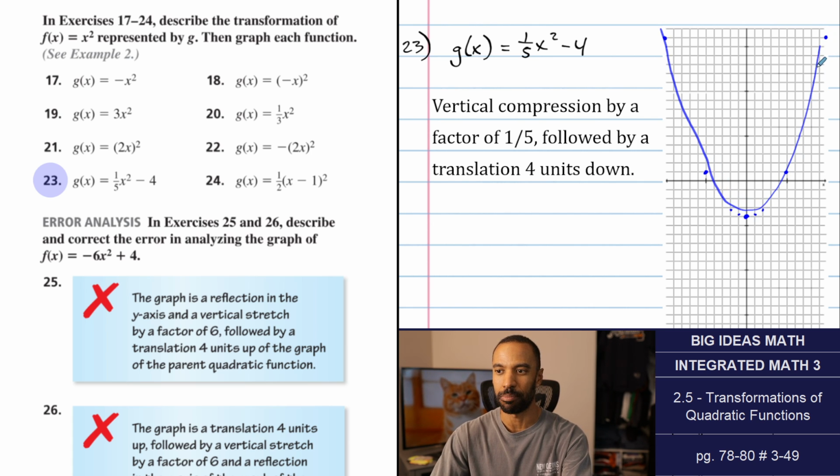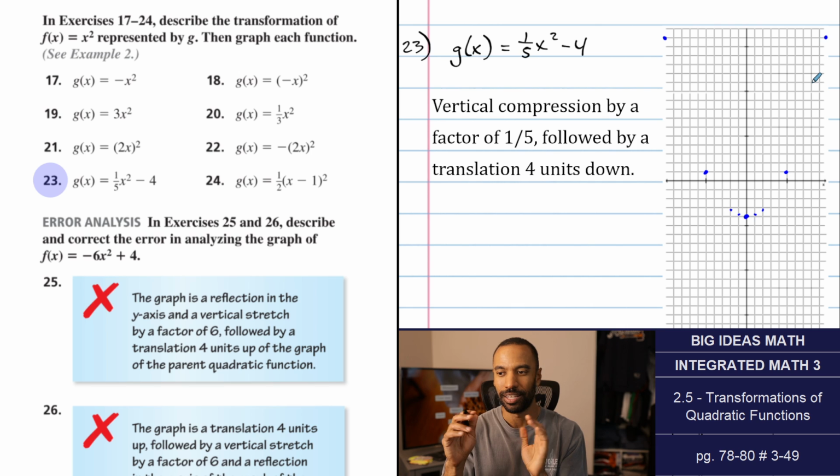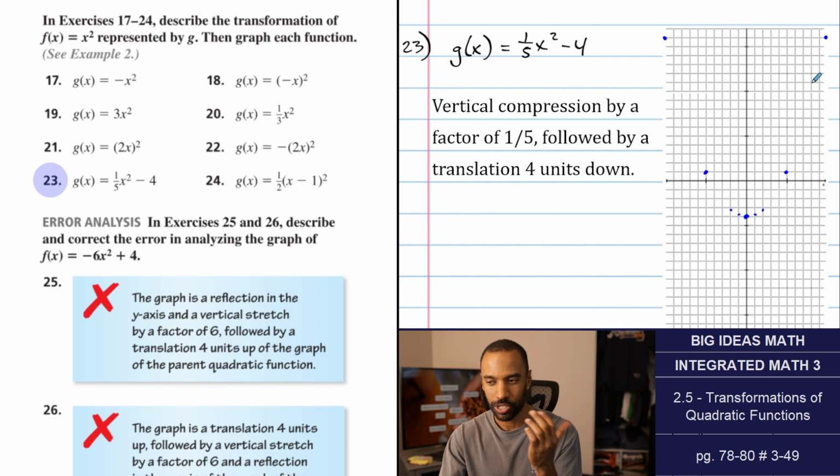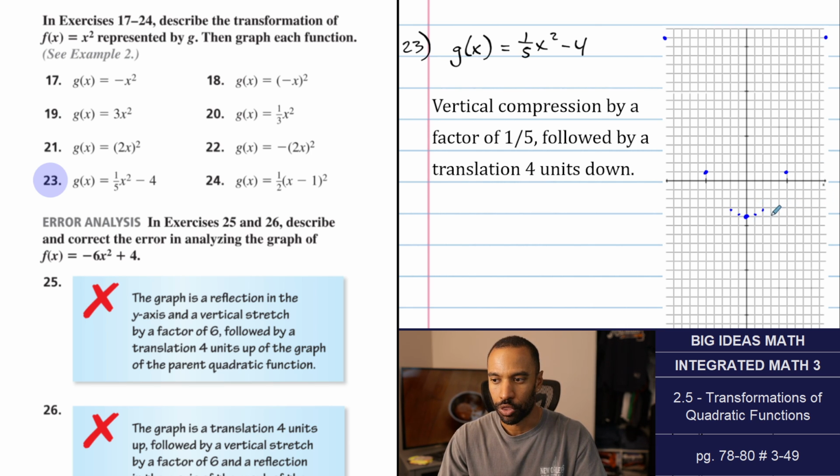So I'm going to still keep plotting other points just to get you in that camp of using fractions if you'd like to. Over 3. Okay, 9/5 is 1 4/5. So boom. 16/5 is 3 1/5. We have 25/5 there.